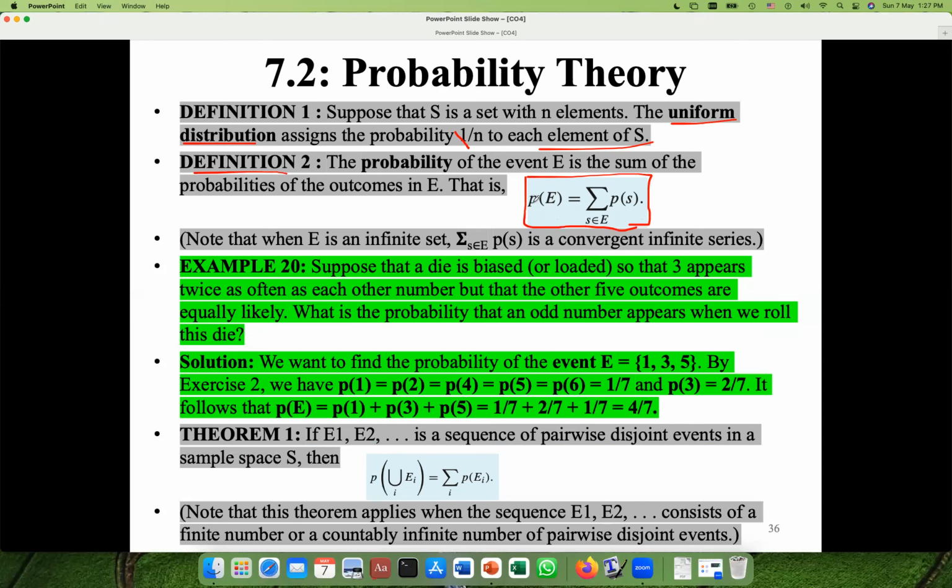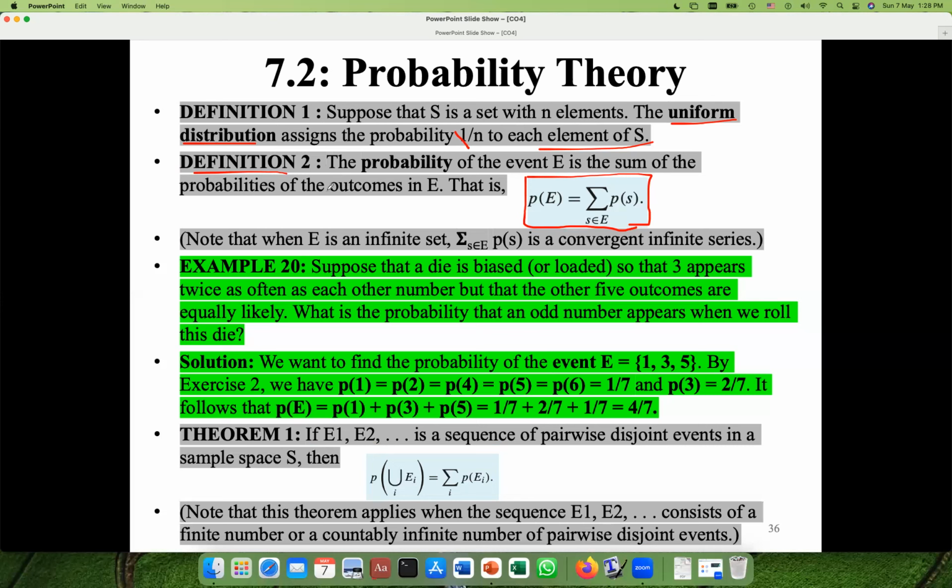This equation is saying the probability according to this definition too. Now you have the concept of space, you have the concept of event, but now in that event, you have many outcomes. This is what I told you in the beginning, that an event can have outcomes. An event can have sub-events, you can say.